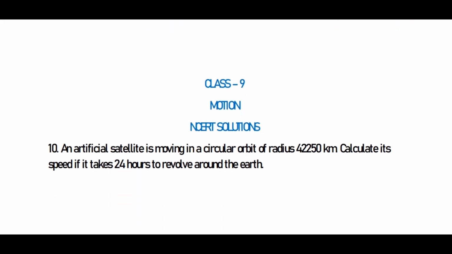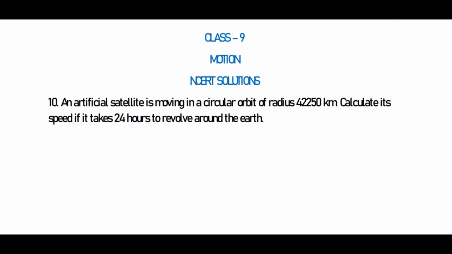Coming to one more sub-question, that is question 10. An artificial satellite is moving in a circular orbit of radius 42,250 kilometers. Calculate its speed if it takes 24 hours to revolve around the Earth. The data given here: the radius of the circular orbit is 42,250 kilometers.